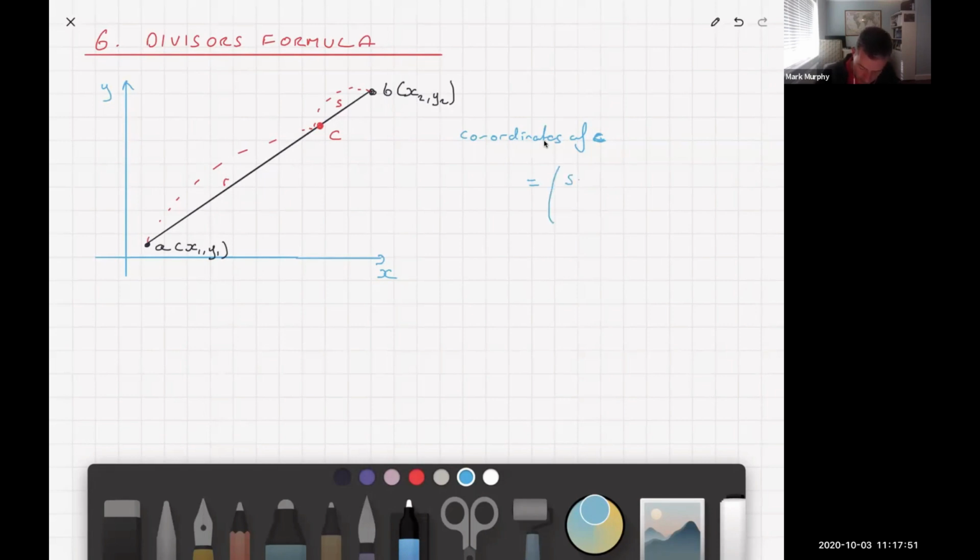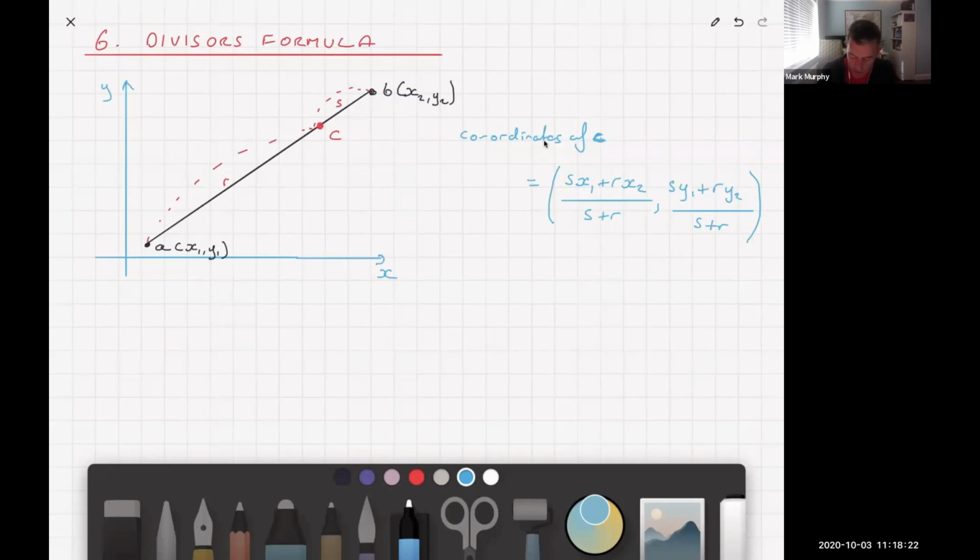It's S times x1 plus R times x2 all over S plus R. And similarly, the y coordinate is S y1 plus R y2 all over S plus R. Okay, so C is known as the internal divisor.